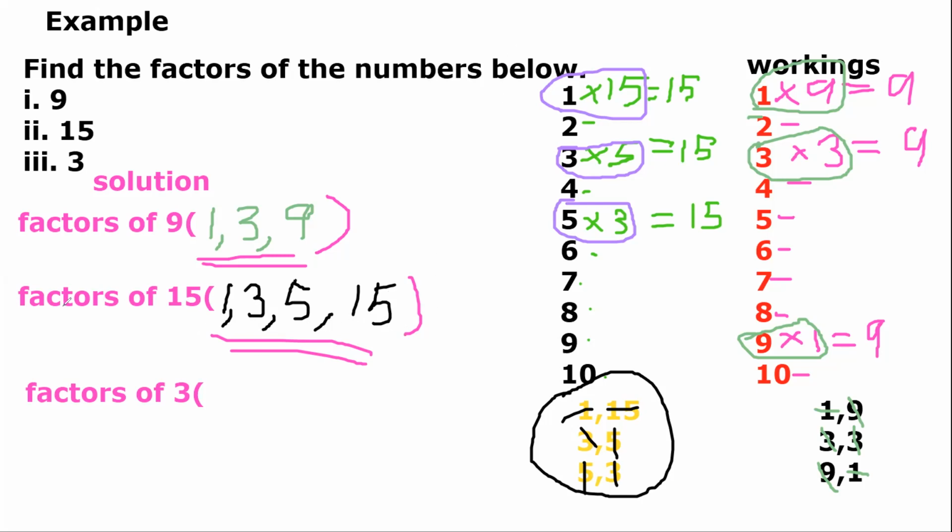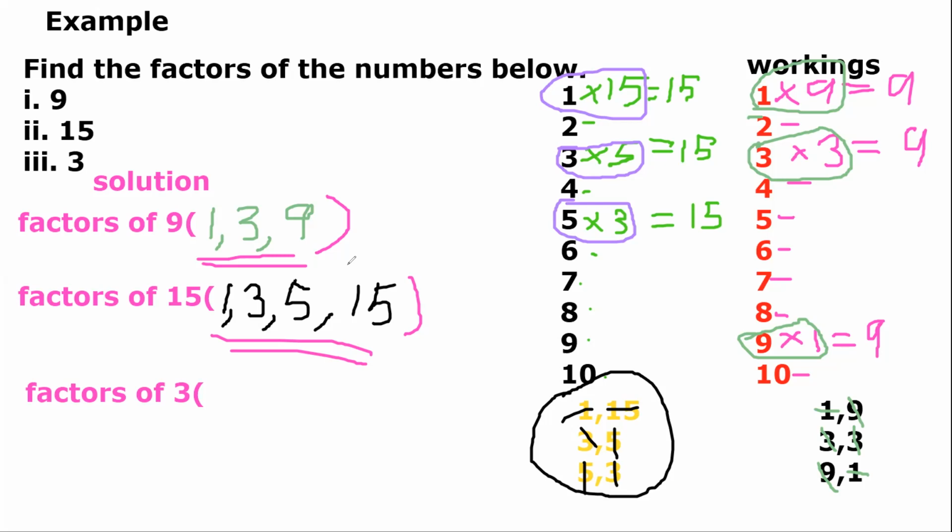Now the factors of 15 are 1, 3, 5, and 15. These are the numbers that can divide 15 equally. Yes, factors are numbers that can divide a given number equally. So if you are able to get all those numbers that can divide a given number equally, then those numbers are called factors.